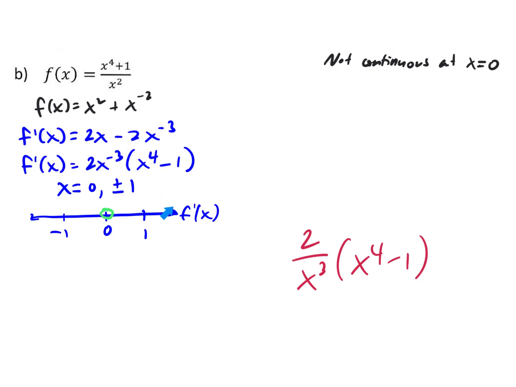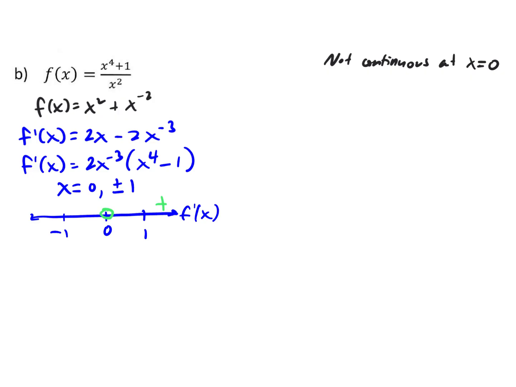If I start up here, and I put some number that's bigger than 1 in for x, and I take it to the fourth power, this whole thing is going to be positive, no matter what number I pick. This number ends up being positive, and then if I take that same number and cube it, it's still going to be positive. I'm going to get a positive times a positive. And so that first section, from 1 to infinity, is going to be positive.